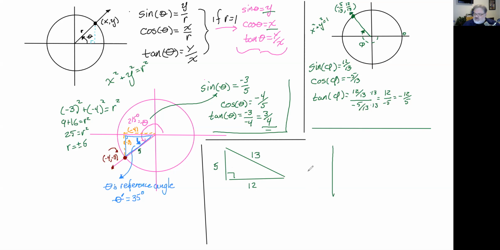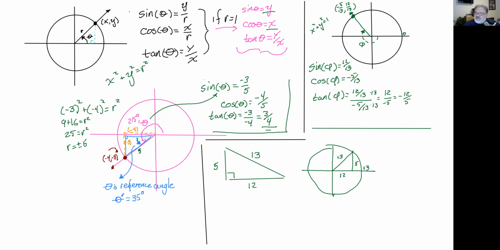That means that if we make a circle of radius 13, so if that radius is 13, we know we can fit a triangle in here where that's 5 and that's 12. Fair?